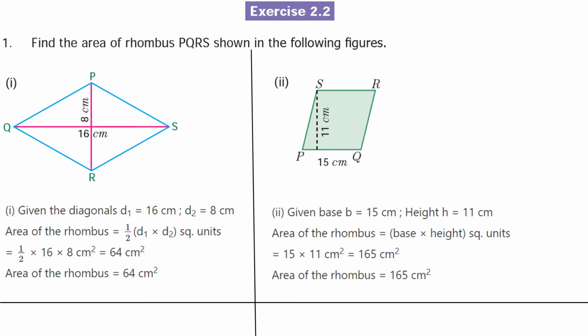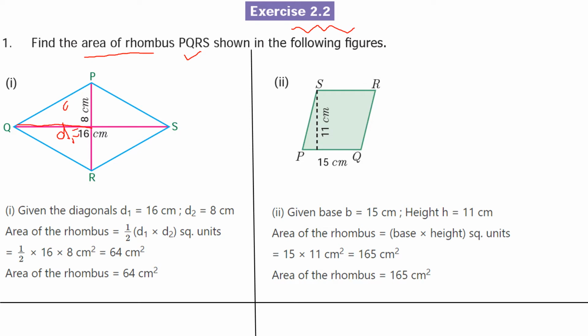Good morning students. Today we are going to discuss exercise 2.2 sums. First one, find the area of rhombus PQRS shown in the figure. So here diagonals are given. We take D1 equal to 16 centimeter and D2 equal to 8 centimeter.